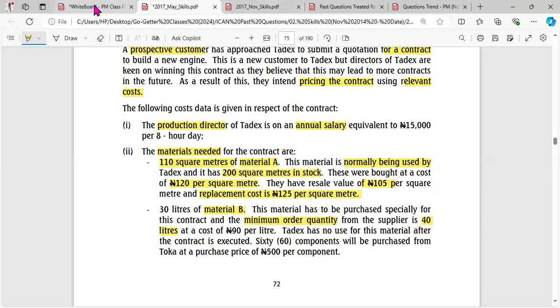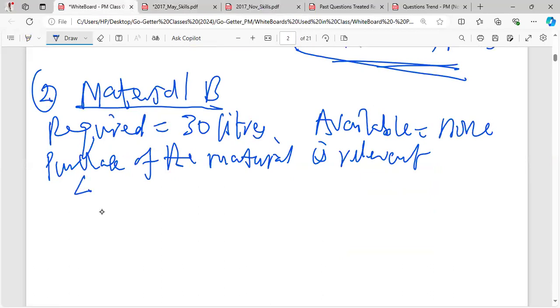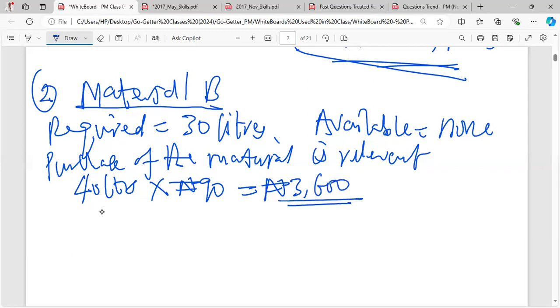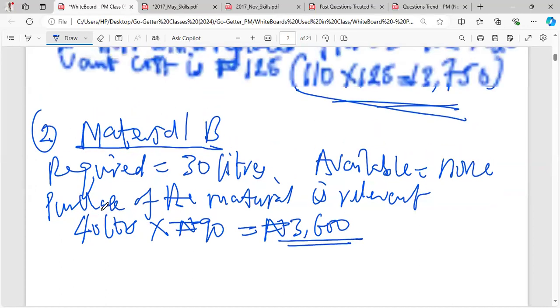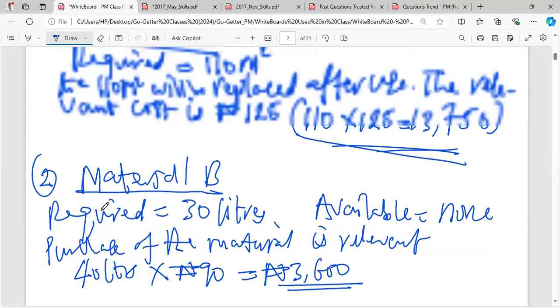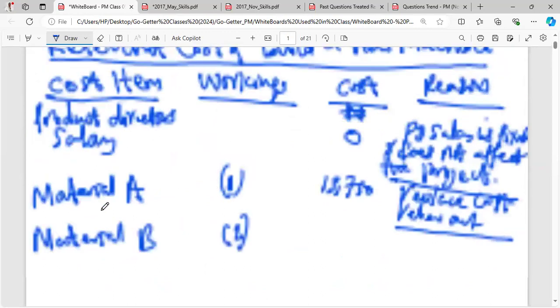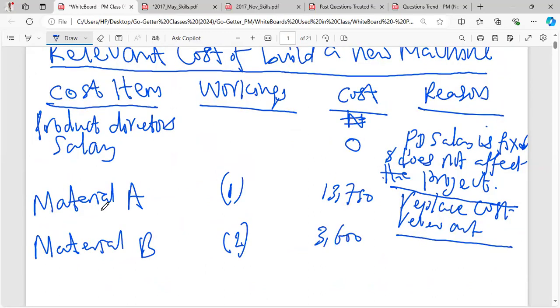So you come here and say 40 liters times 90 naira. 9 times 4, 36. So that will give me 3,600. So 3,600 is relevant. So I'll say 3,600, purchase cost relevant.